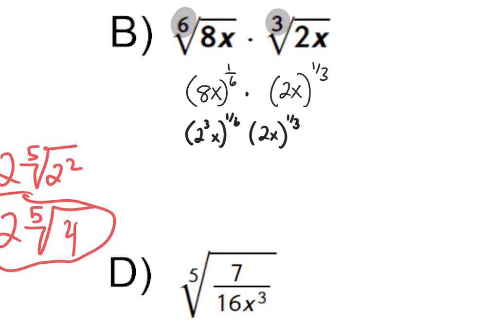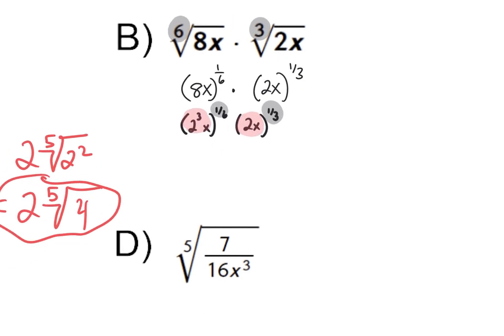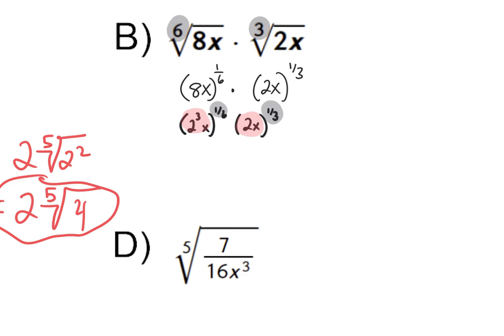Now, if I distribute my powers into the parentheses, to get rid of the parentheses, we are going to have a power to a power. So I'm going to start here. 2 to the third to the 1/6. X to the 1/6. 2 to the 1/3.